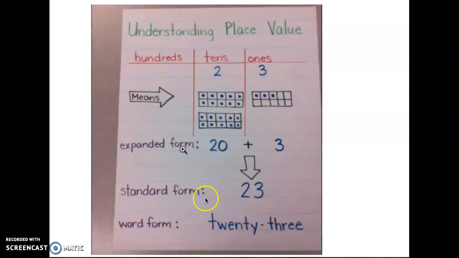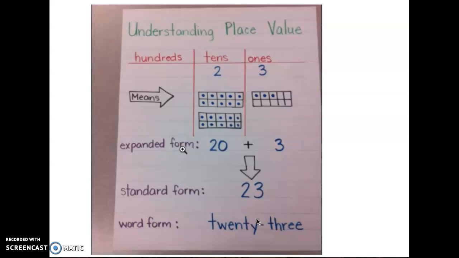And that's the standard form when we write it in a solid whole number, 23. Now, we want to also break it down in word form. It's important to understand that these words are important because we need to be able to read and write in English come second grade. So first, we're going to look at the word form.